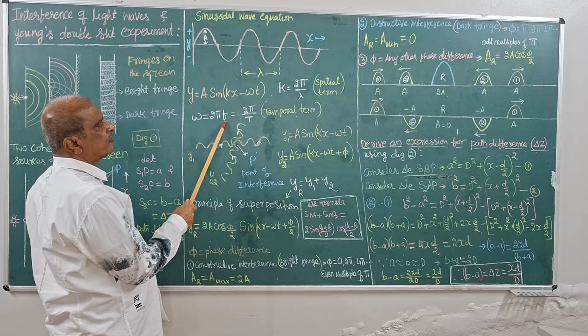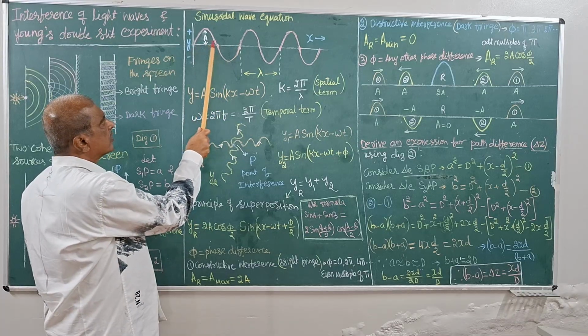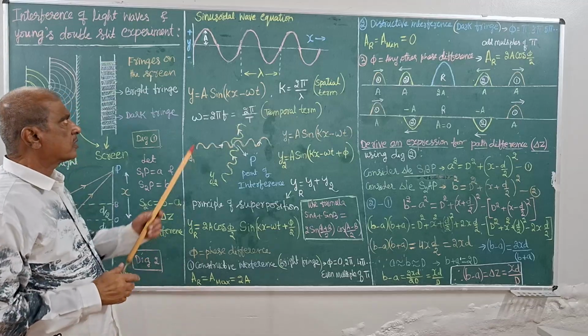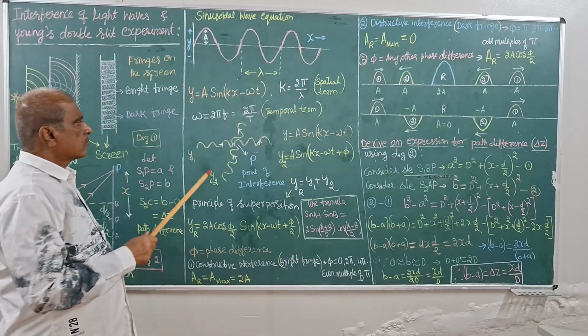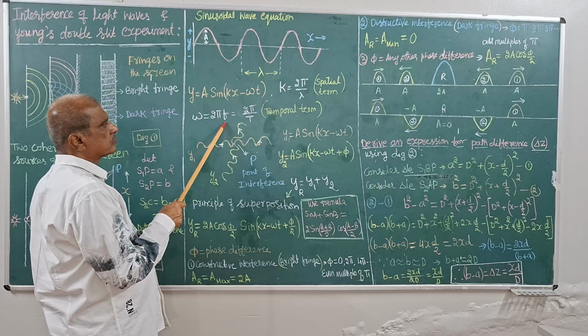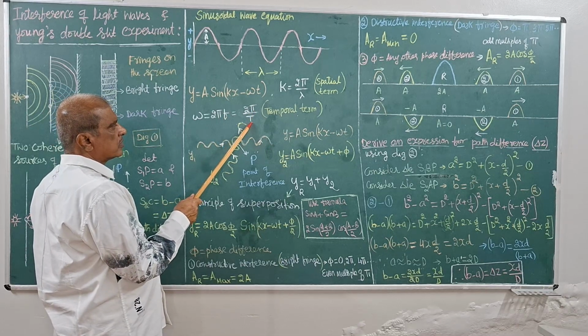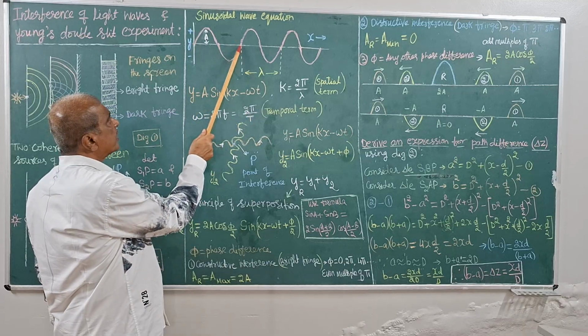The frequency of the wave. How many waves like this? One wave, waves like this, are generated in 1 second along the line by traveling. f, and f equals 1 by T. That is the definition. Time period: the time taken to travel the wave from one point to another point. One wave.